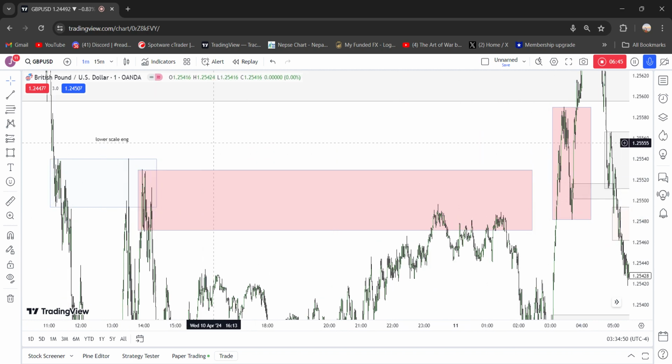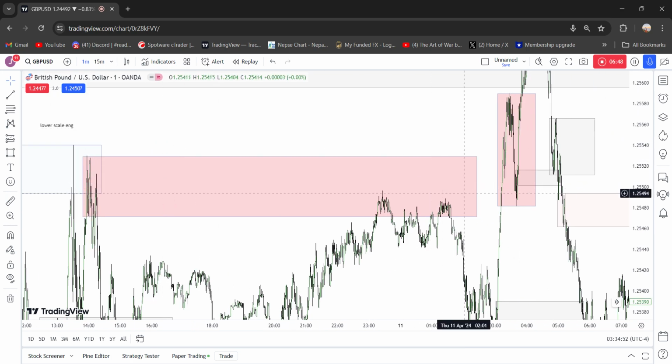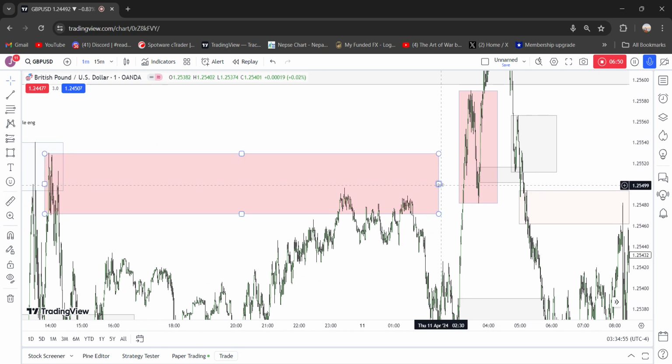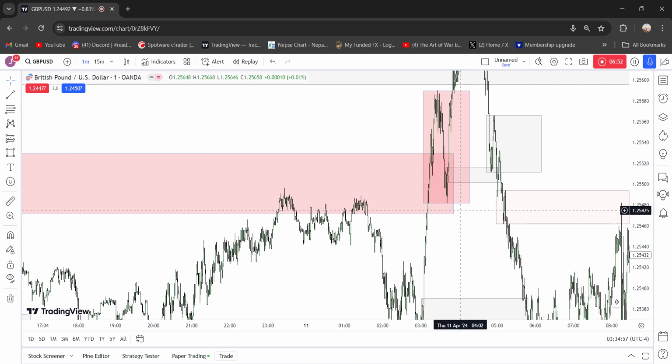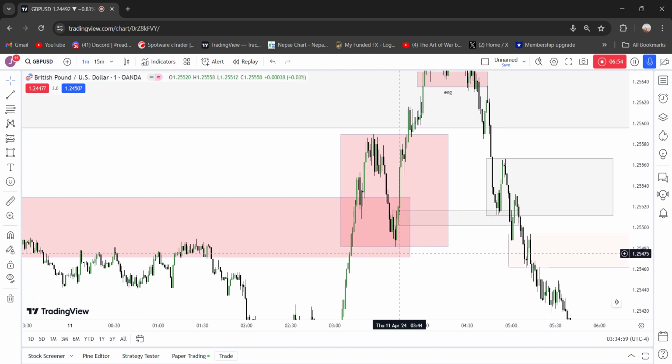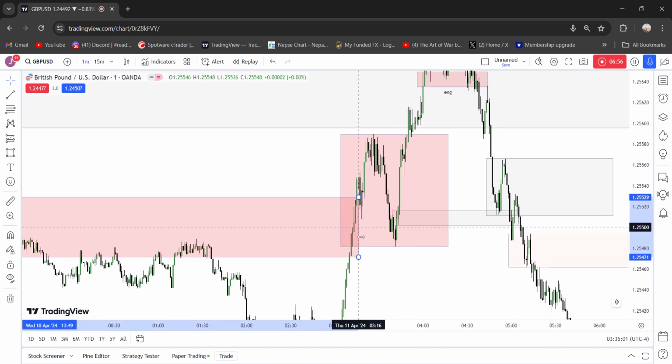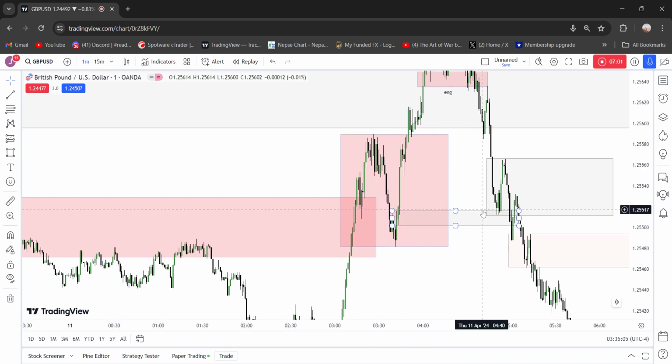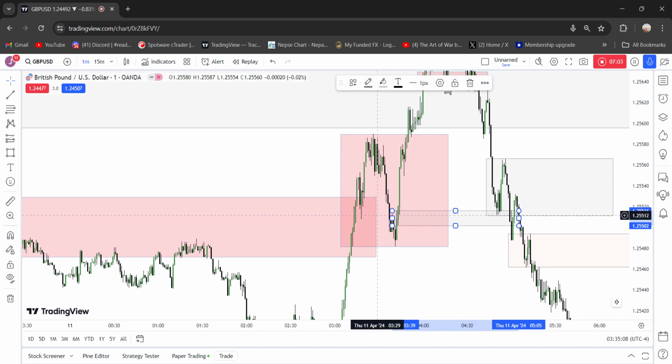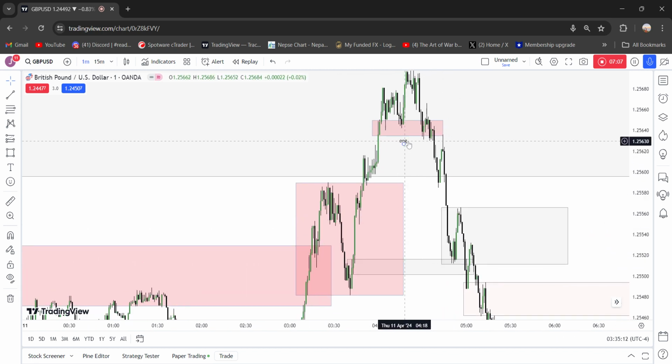This is one of the important zones. This is the swap of this particular zone, and I'm sorry for that. This small kink in here was the target for this engulf. And what price did was, price came to the target, retraced back but couldn't go higher, and price engulfed this zone.